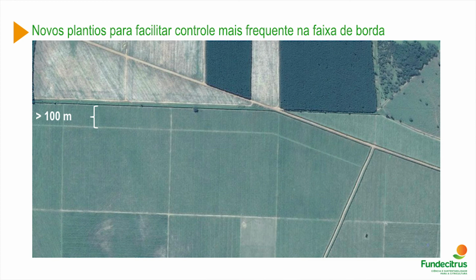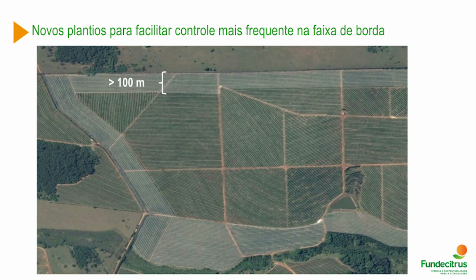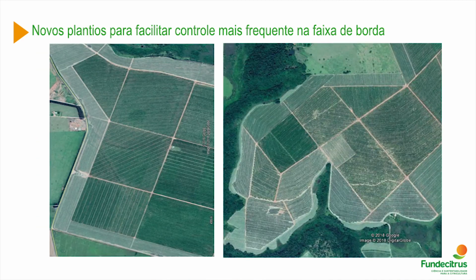In case you cannot do it in a parallel direction, at least this is easier for you to come and go with the tractor so that you can have the frequent spraying. Another example. Here, in this case, it was not only 100 meters, but the whole plot being sprayed with more frequency. So you will see different farms that have adopted this measure as a rational strategy of optimizing the border effect to control HLB.